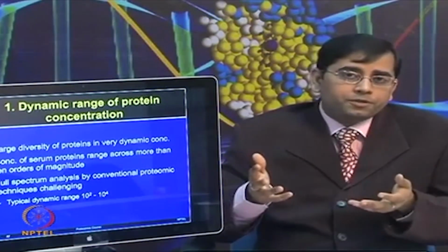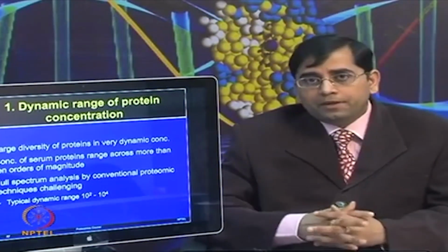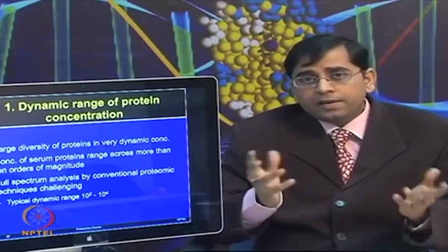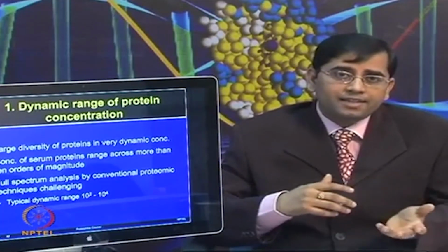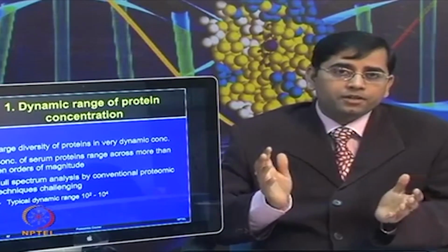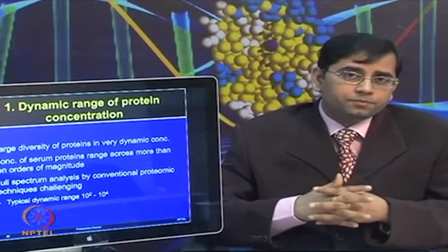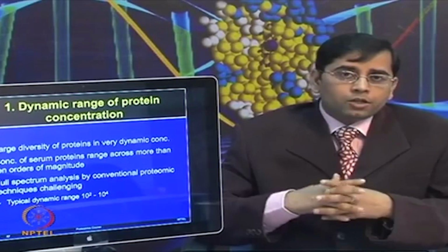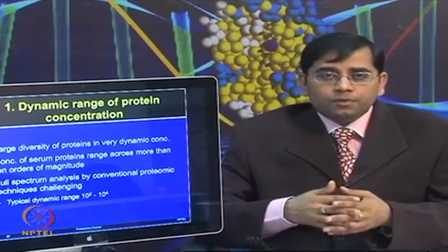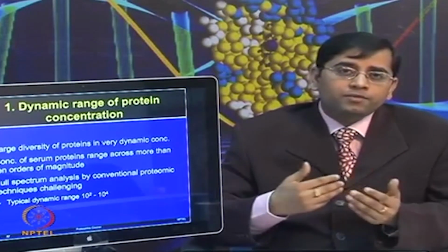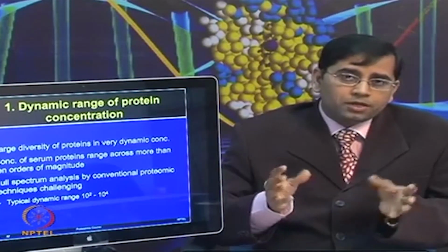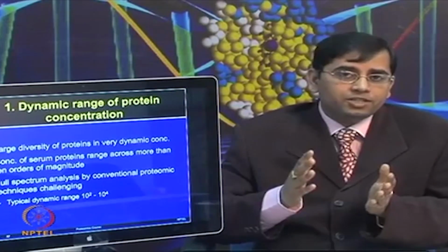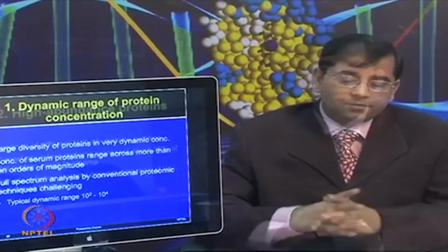So, how to capture all the dynamic events happening in the serum if the dynamic range of the proteins is very large and your detection techniques are not able to capture that whole range? To avoid these issues, people try to remove some of the abundant proteins from the very complex serum proteome, so that overall the dynamic range can be reduced and minimized.